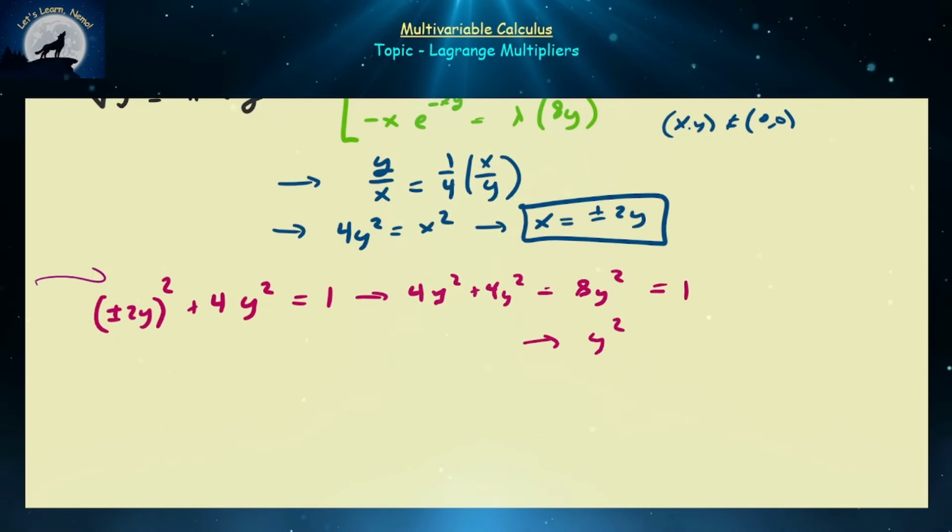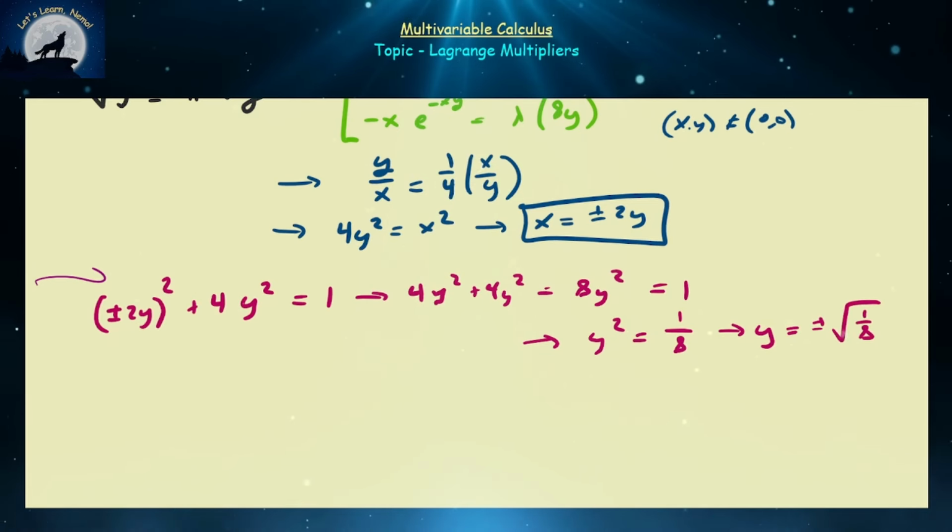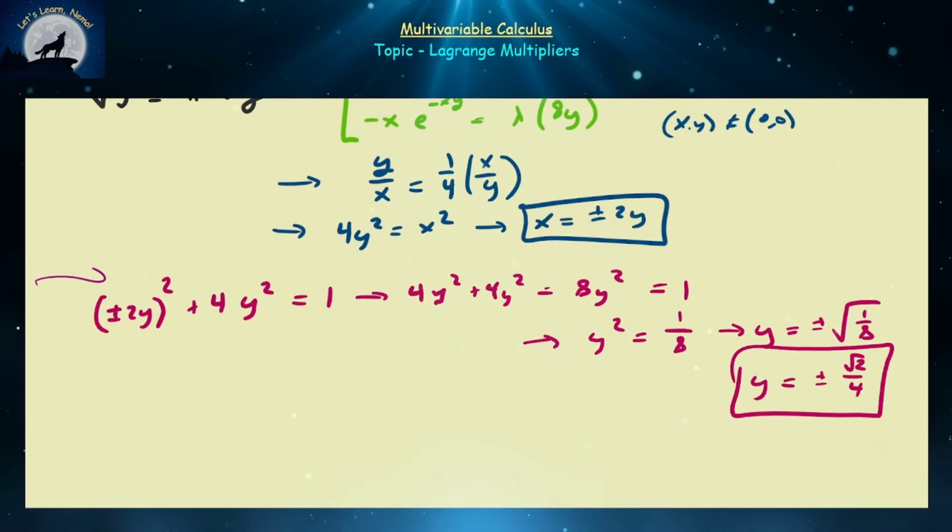So that means y squared must be equal to 1 over 8, which means that y is equal to the square root of that, plus or minus the square root of that. So plus or minus 1 over the square root of 8. Or you could write that as plus or minus root 2 over 4 if it makes you more comfortable. So that's where the optimal values are located.